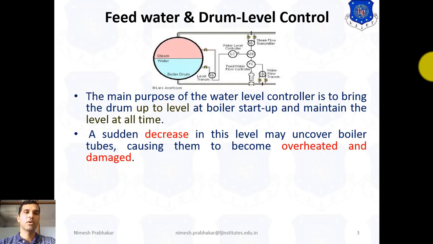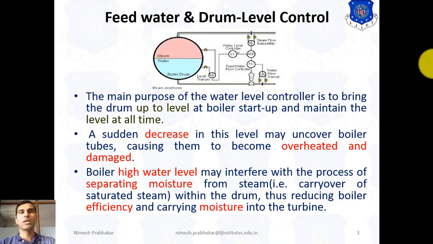Now, a sudden decrease in the level may uncover boiler tubes, causing them to overheat and become damaged. That means if the water level decreases inside this drum, there is a chance of overheating and damage to the uncovered water tubes. A high boiler water level may interfere with the process of separating moisture from the steam within the drum, thus reducing boiler efficiency and carrying moisture into the turbine.